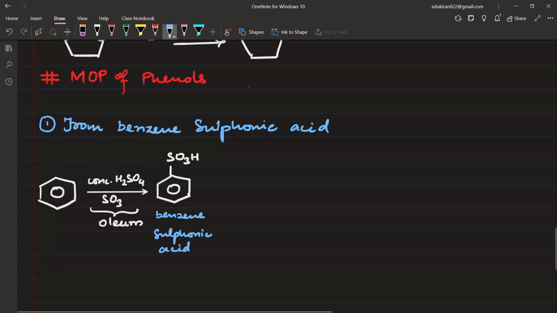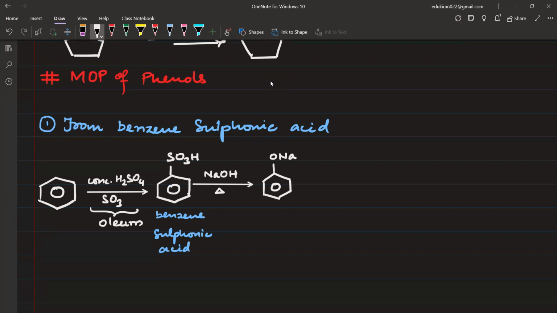After we get benzene sulfonic acid, we are going to treat it with NaOH and heat it. Once we heat it, we'll get ONa. That means the sulfonic acid will be replaced by sodium phenoxide.